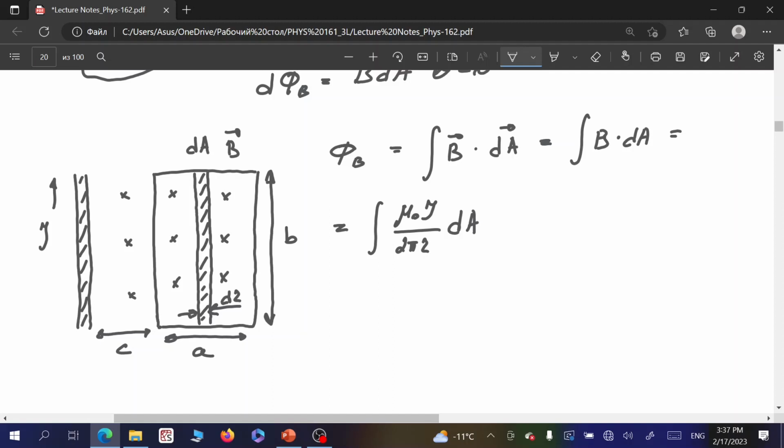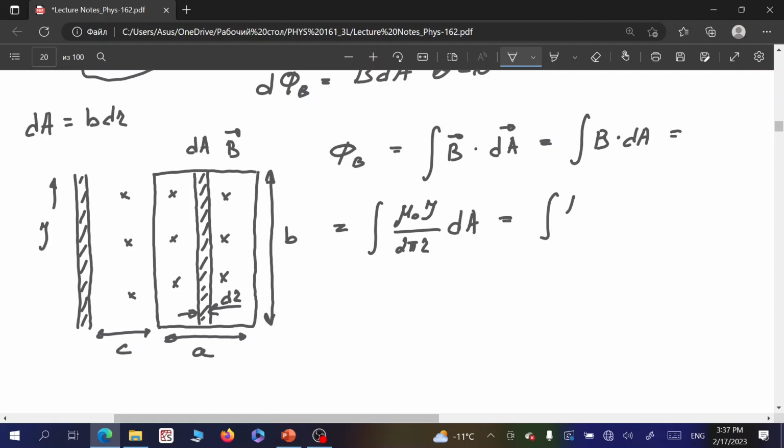So we can write that dA will be equal to B times dr. So we will substitute it in our integral.